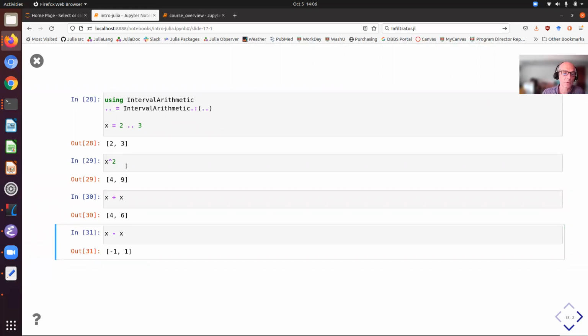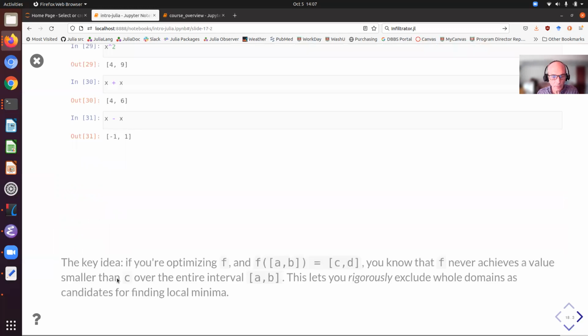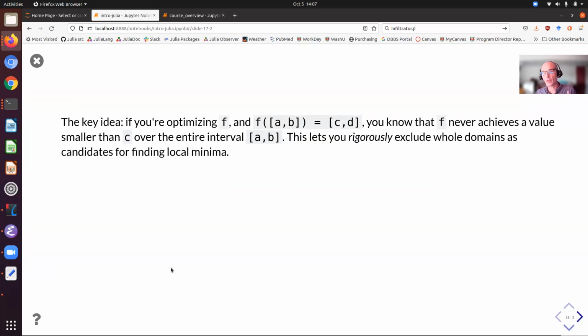And that's because unless you happen to know that these really always meant the same number being subtracted from itself, you might be subtracting 3 from 2 or 2 from 3, and hence the default answer in interval arithmetic is to return the widest possible range so that there's a guarantee that you'll never be beyond these, right? It's not clear whether these are the same interval or different variables that represent the range from 2 to 3.